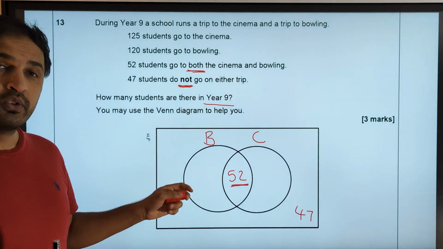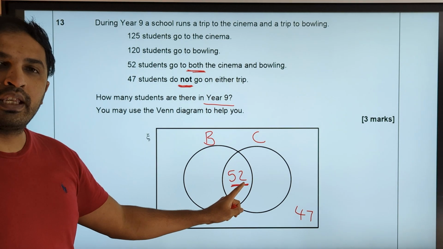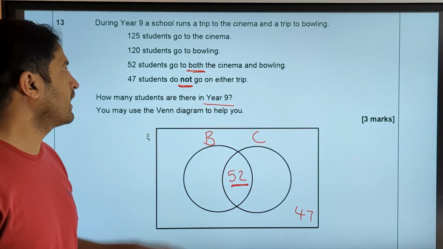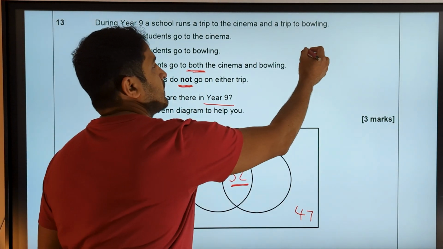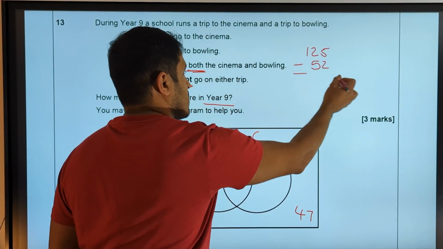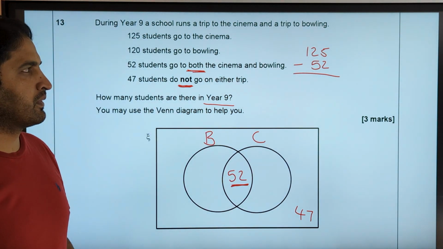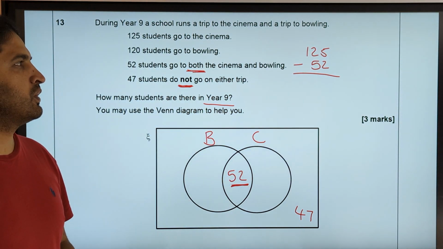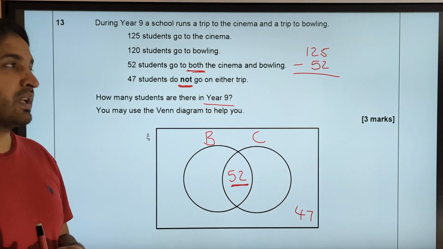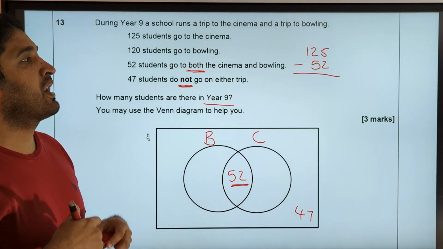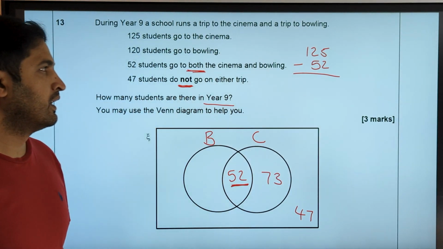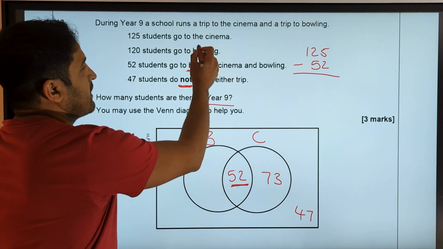So we do 125 take away that 52 to work out the people who just went to the cinema. 125 take away 52: if I do 125 take away 50, that gives me 75, and take away another 2 gives me 73. So those are the people who went to just the cinema.